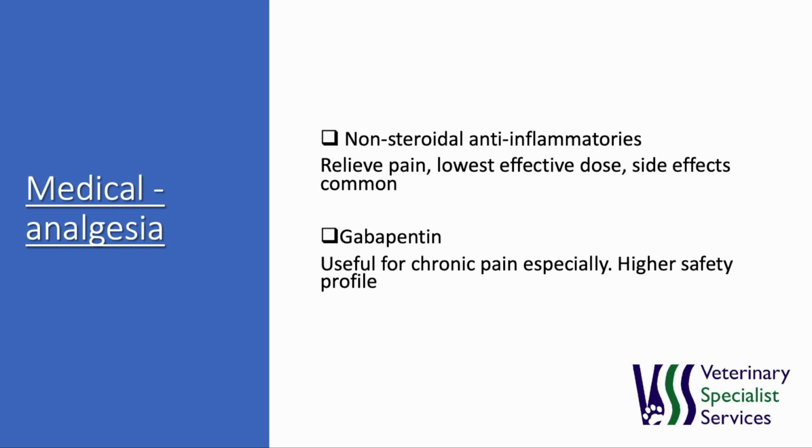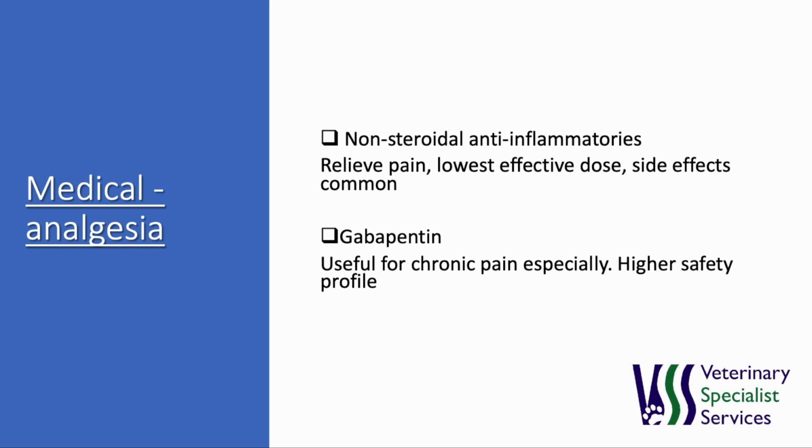Gabapentin is the second drug, and this acts at the level of the spinal cord to reduce chronic pain, particularly of neuropathic origin. It is very effective when combined with other analgesics, for example, the non-steroidal anti-inflammatories, as we've just discussed.